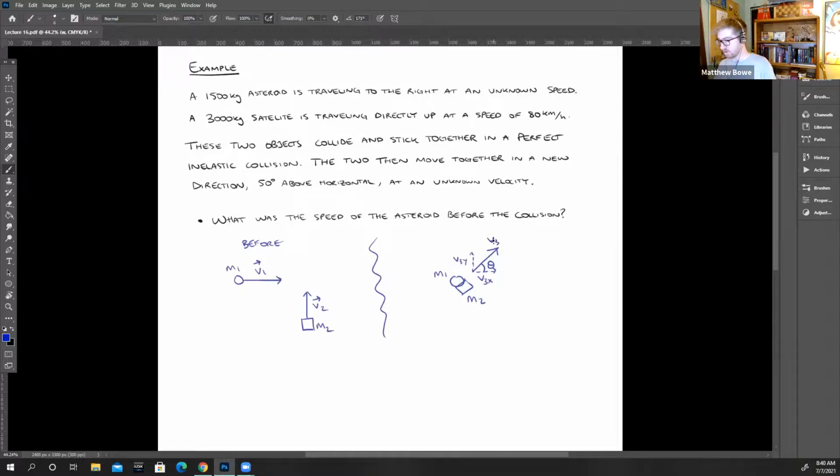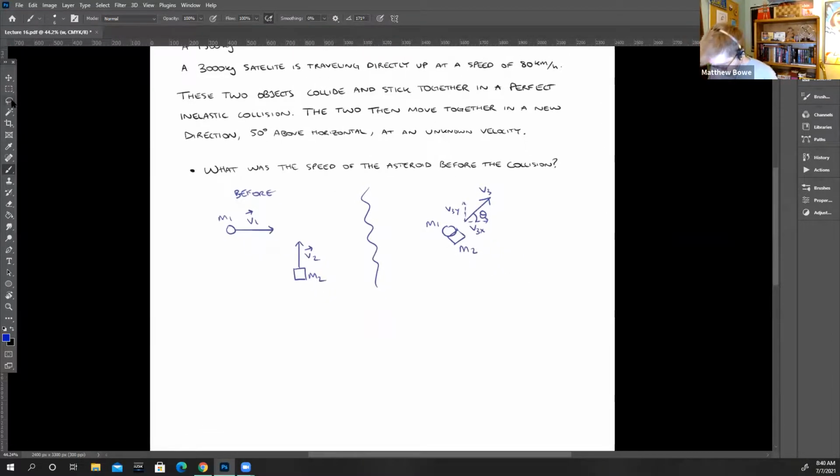So it's made of its own components, like that. And I'll say this is the after the collision.